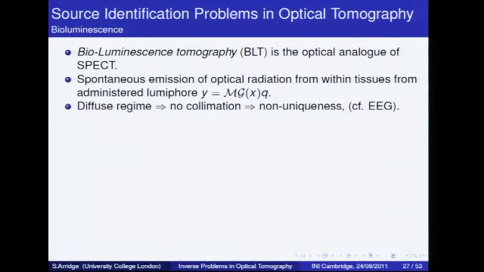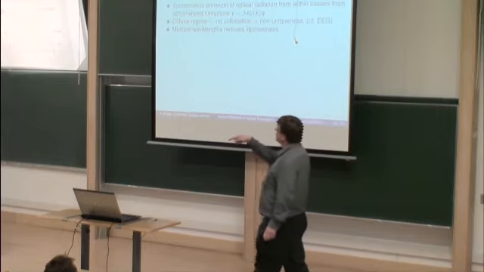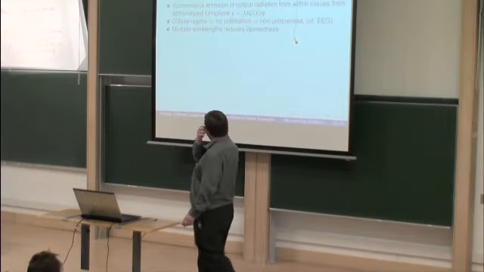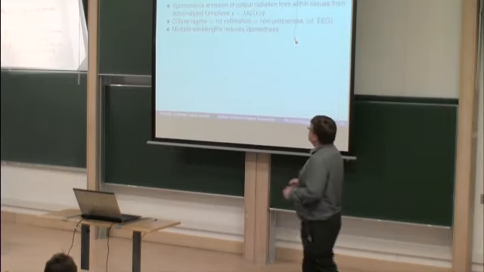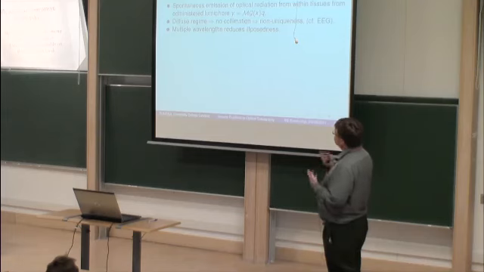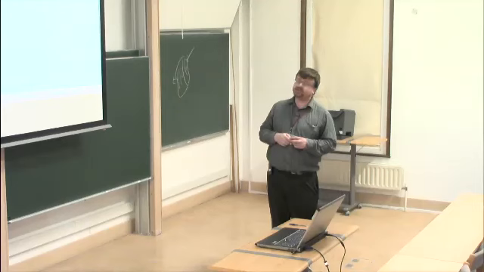You can think of this as the optical analog of SPECT, single photon emission computed tomography, if you had no collimation. In SPECT you're typically measuring also the direction, so you have measurements in position and direction and reconstructing the source position. But if you threw away the directional information, you have a non-uniqueness.